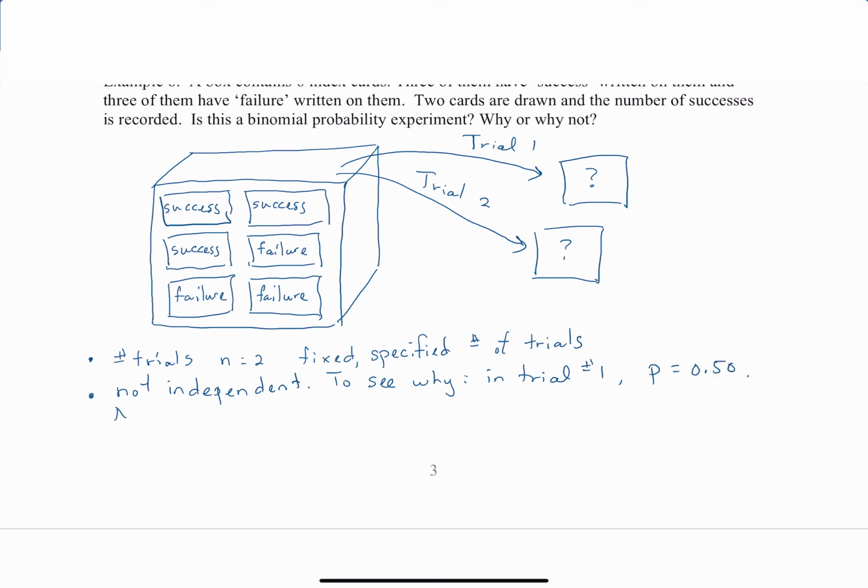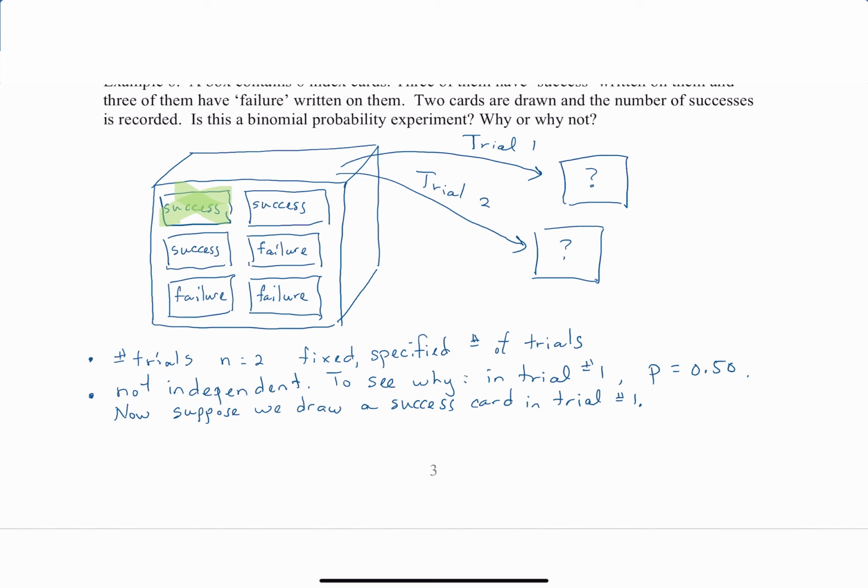Now suppose we draw a success card in trial 1. Now there's 5 cards in the box, 2 of which are success cards. So if I drew a success card, then one of the success cards is gone.